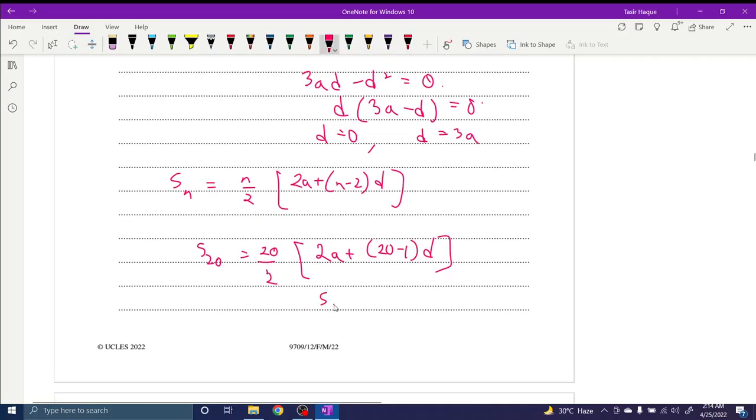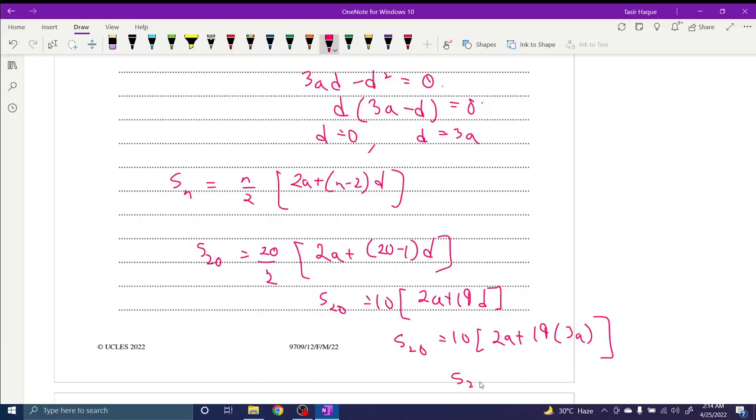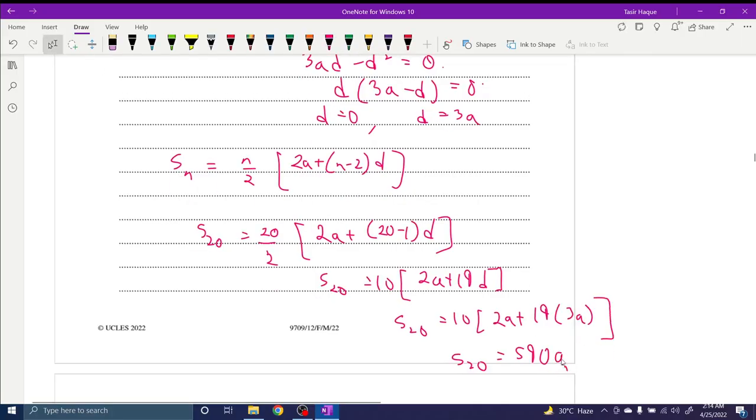So S20 is equal to 10 into 2a plus 19d, right? Or 19 into 3a. 19 into 3 plus 2, into 10. I'm getting an answer of 590a, okay? So this is one route.